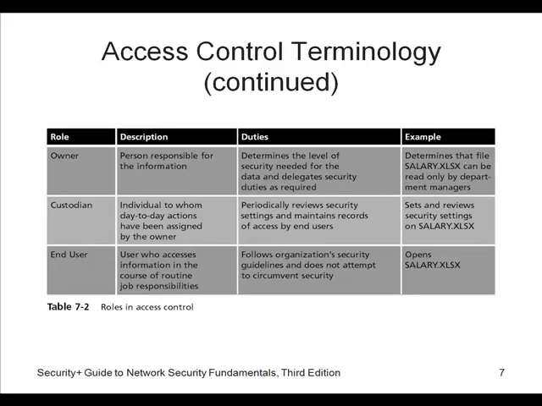Access control terminology, roles: we have owners, custodians, and the end user. Owner is the person responsible for the information. Generally, the owner is going to be the user that created the object. If you create a folder, you're going to be the owner of that folder. The interesting thing about that, and you can try it sometime, is create a folder and then take out everybody.